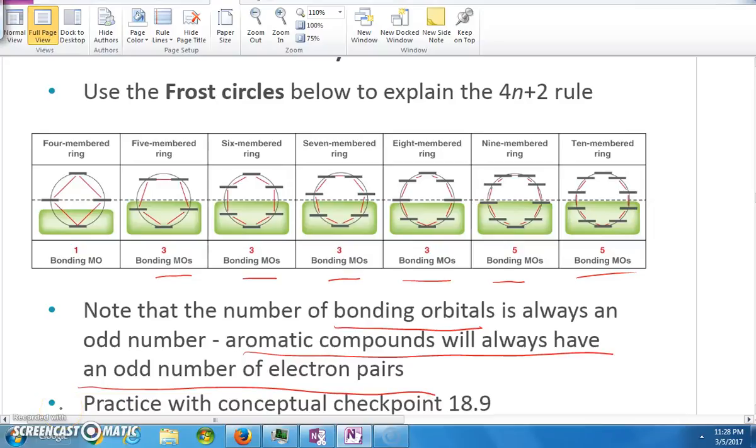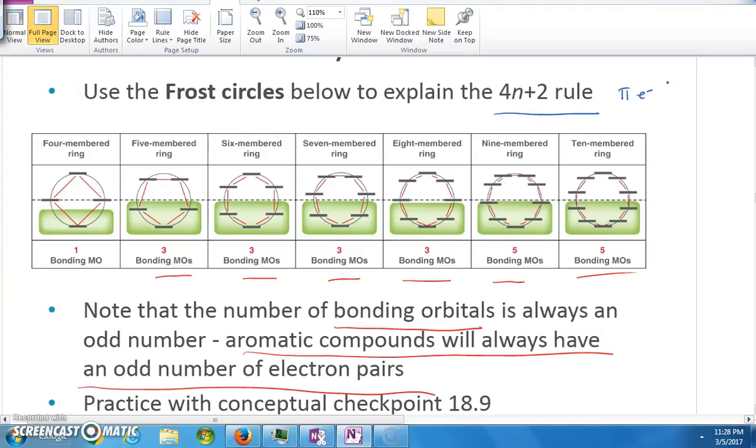Like I said in the last slide, we use the Frost cycle to explain why fully conjugated systems like benzene with 4n plus 2 pi electrons have exceptional stability.